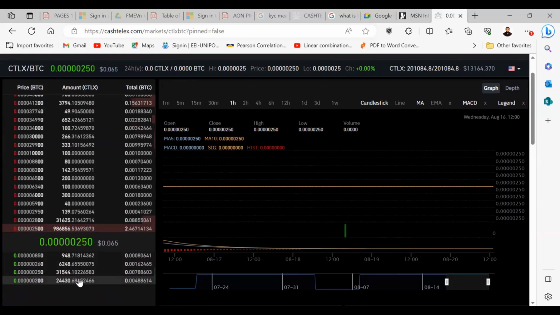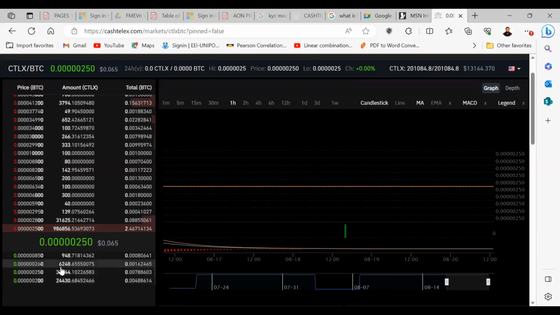If somebody wants to sell from this red region at this price, automatically this person will get this total amount of CTLX in their account. Then some other person places this price for this amount of BTC that they have in their account, for this number of CTLX, 3,000 and so on.